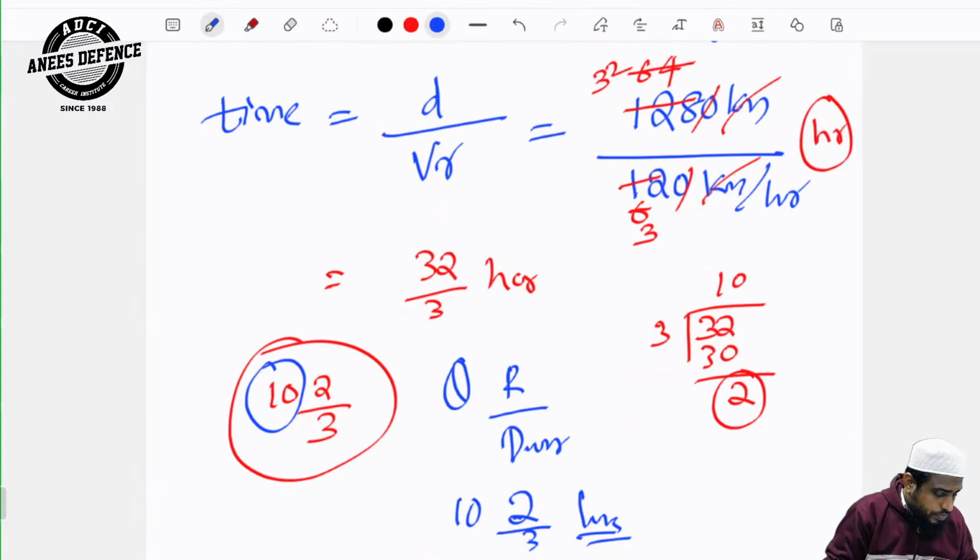Then next question. If a man can walk to a place in 3 by 4 hours at 3 1 by 4 kilometer per hour, how long would it take another man walking at 3 1 by 6 kilometer per hour to walk there and come back?